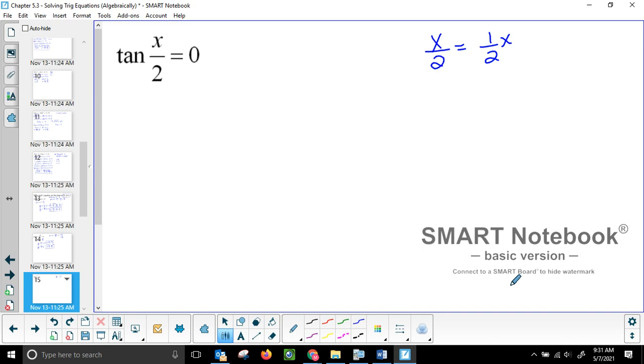Half. So yes, dividing something by 2 is the same as cutting it in half. So be mindful here that our b is going to be 1/2.